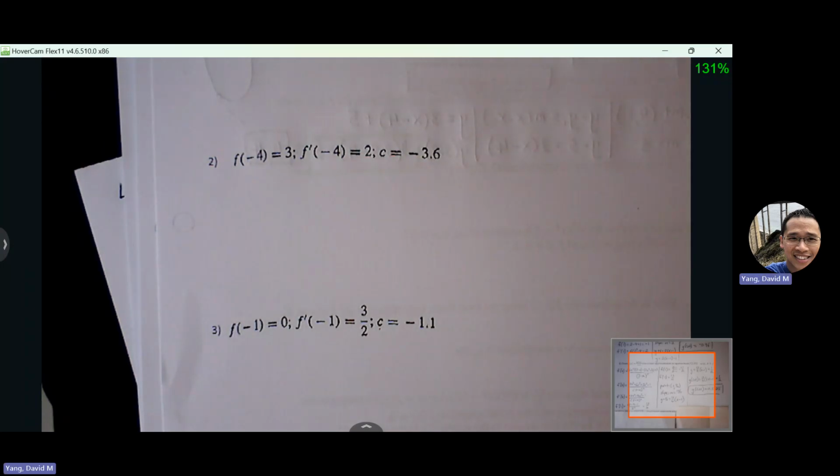Okay, page 2. Let's see if we can get through this. This should be quick since all the slopes and ordered pairs were provided for you.